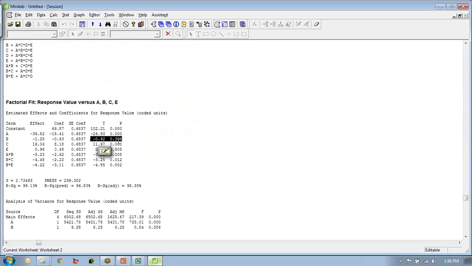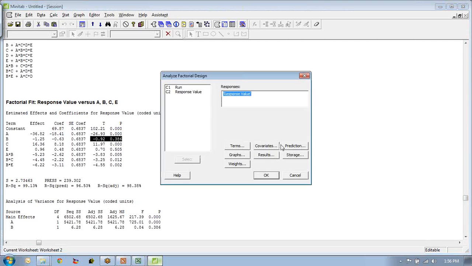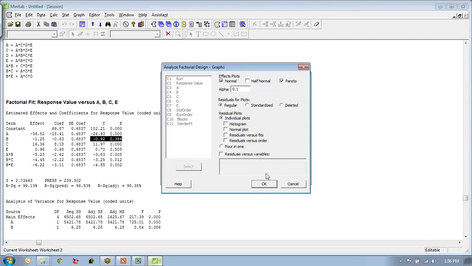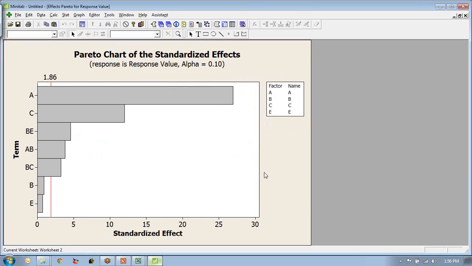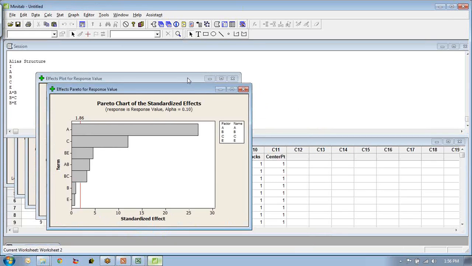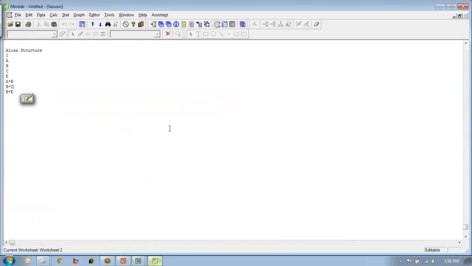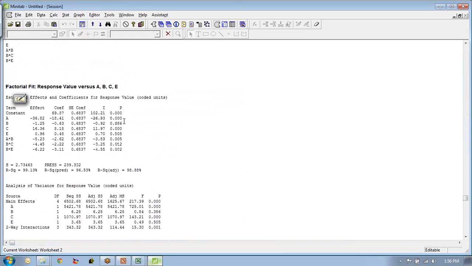Notice I do have a B term in there. I've been looking at the Pareto so much, I want to see it now too. There's my Pareto. Okay, got it. All right. And so now I can write down my model from this, right? Here's my constant. Here's my A, B, C, E, AB, BC, and BE.